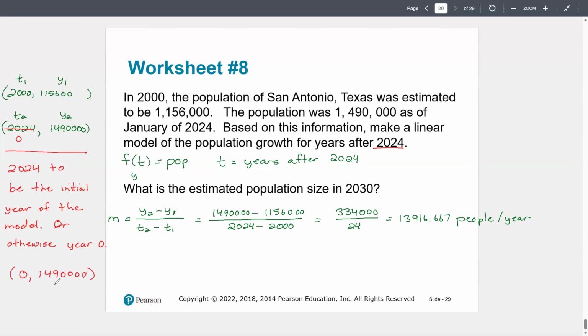So what we're saying is that we want to start with my initial population to be the one that is 1,490,000. So in this case, we have a B. So we have an M and we have a B. So we have Y is equal to 13,916.667 T plus 1,490,000.